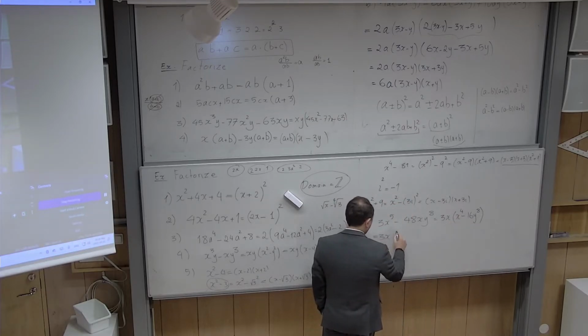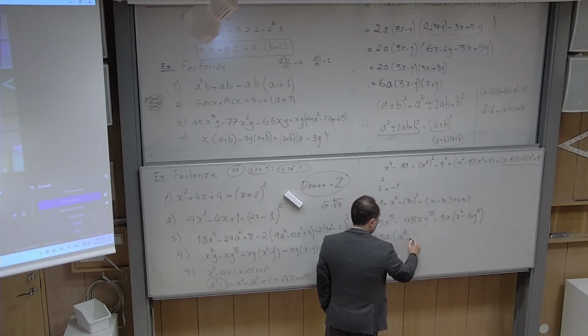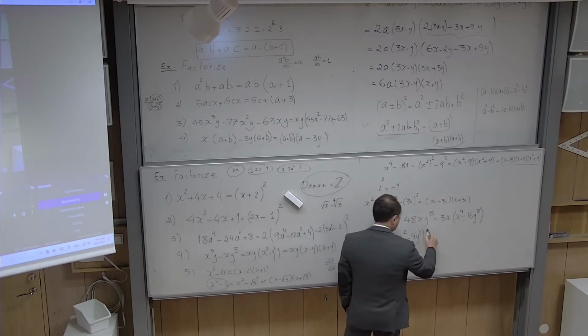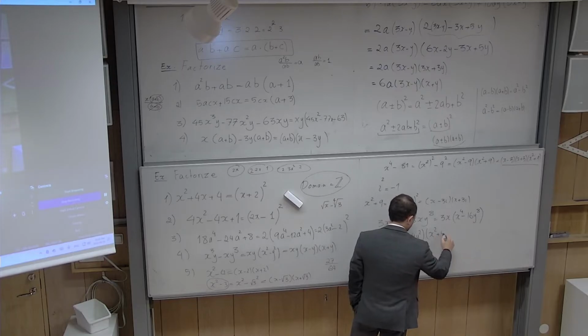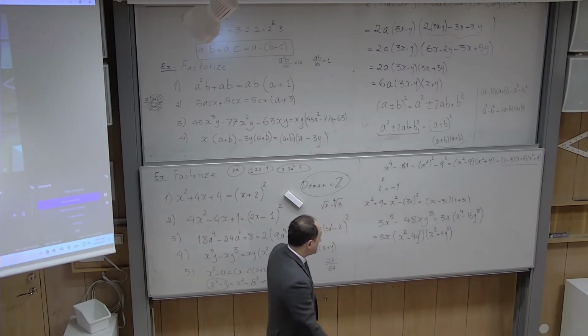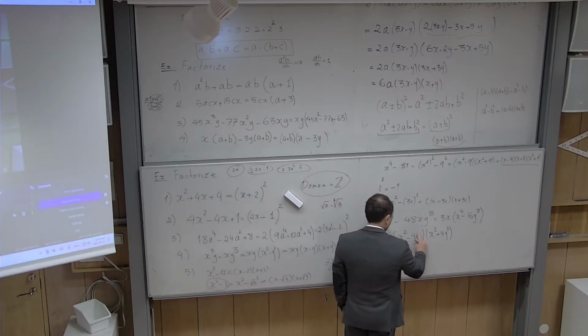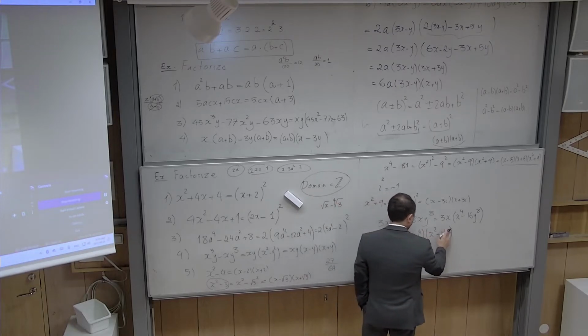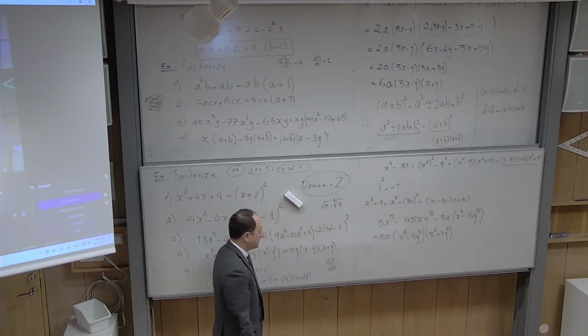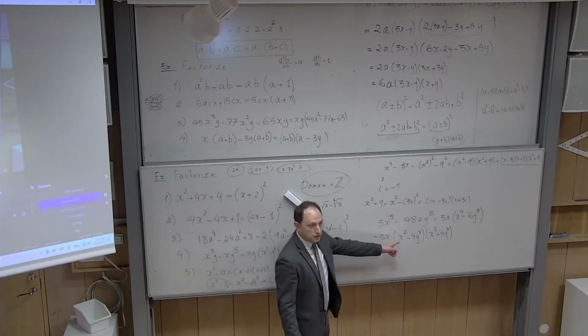So this becomes 3x times the square root of that one, x to the power of 2, minus the square root of that one, 4y to the power of 4. Oh, yes, thank you. It's 4. Thank you. Okay, is it finished or not? No, there is another conjugate pattern here.